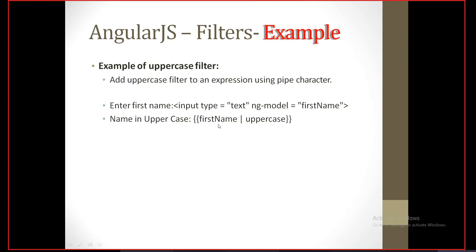Now whenever a name is typed in the text field, even in small case, it is going to convert that into upper case and then display it. Since we have created an expression of that, it will display in upper case. Understood? So likewise, after the pipe symbol, we can use any of the other filters. Maybe a criteria is required, and that criteria will be defined in brackets.